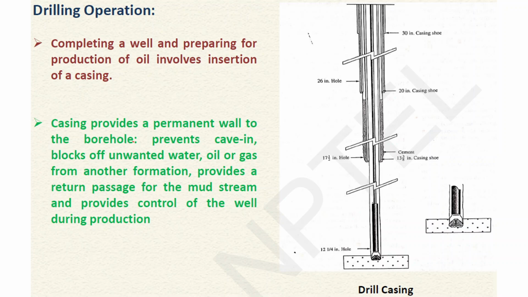Casing provides a permanent wall to the borehole, prevents cave-in, blocks off unwanted water, oil and gas from other formations, provides a return passage for the mud stream, and provides control of the well during production. As we keep on digging the well, we keep on inserting a casing, basically a very thick pipe, so that the sand and clay from the nearby area does not hamper our digging.